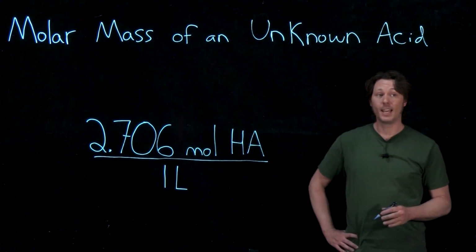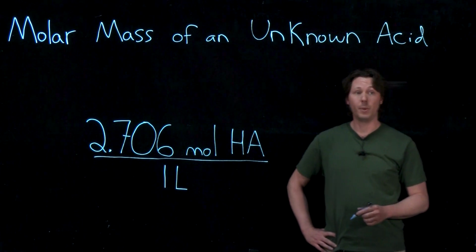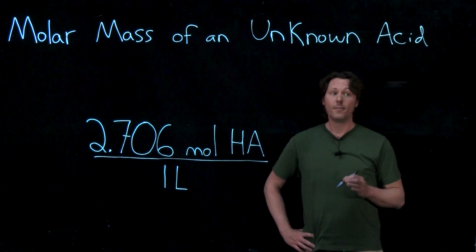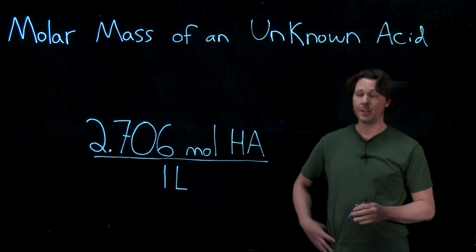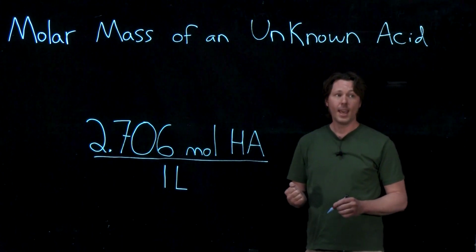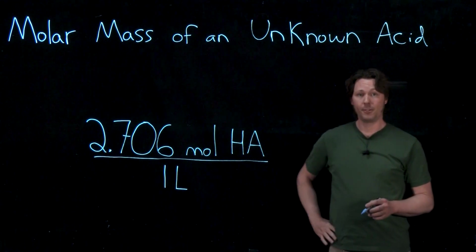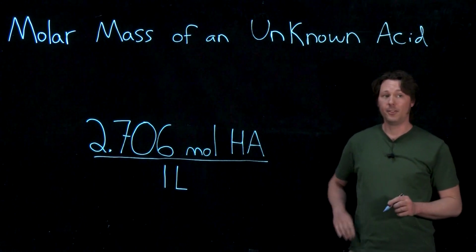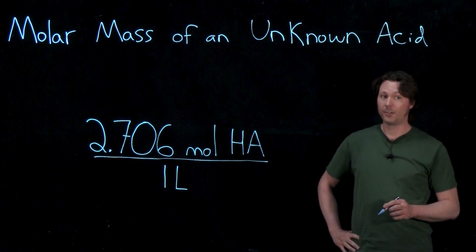Our next step is to calculate the total number of moles of unknown acid we use to make our unknown solution. For this, we take the acid solution's concentration, 2.706 moles of unknown acid per liter, and we multiply by the volume we use to cancel liters. The volume in this case is equal to that of the volumetric flask we made our solution in.